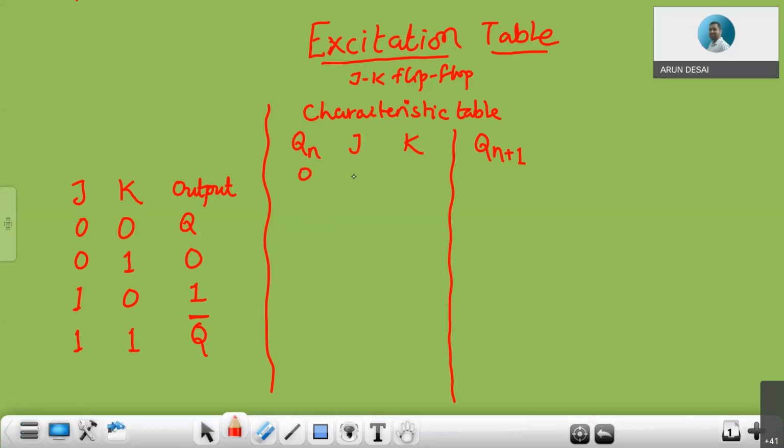The combinations for three inputs are 0 0 0, 0 0 1, 0 1 0, 0 1 1, 1 0 0, 1 0 1, 1 1 0, and 1 1 1.